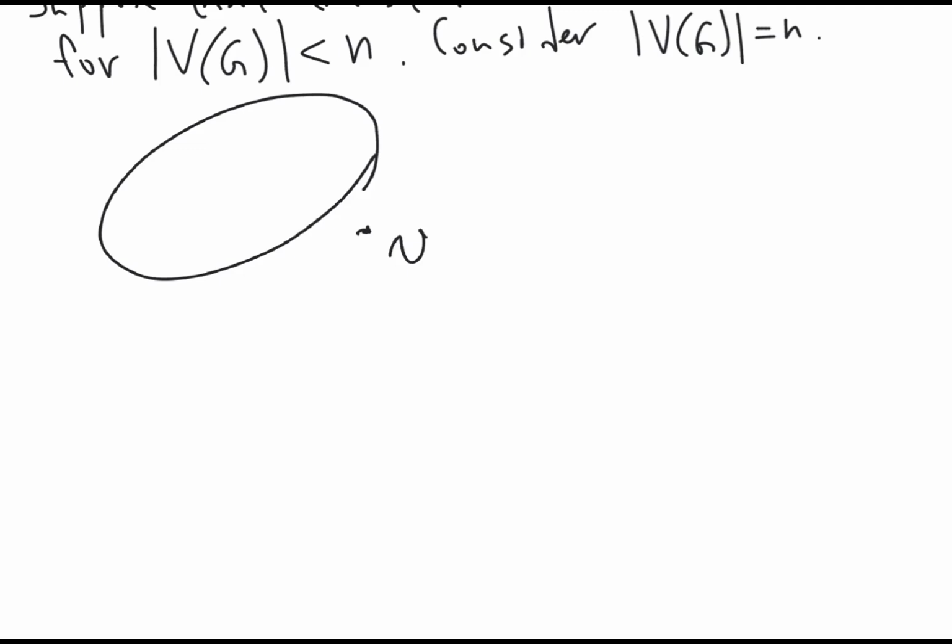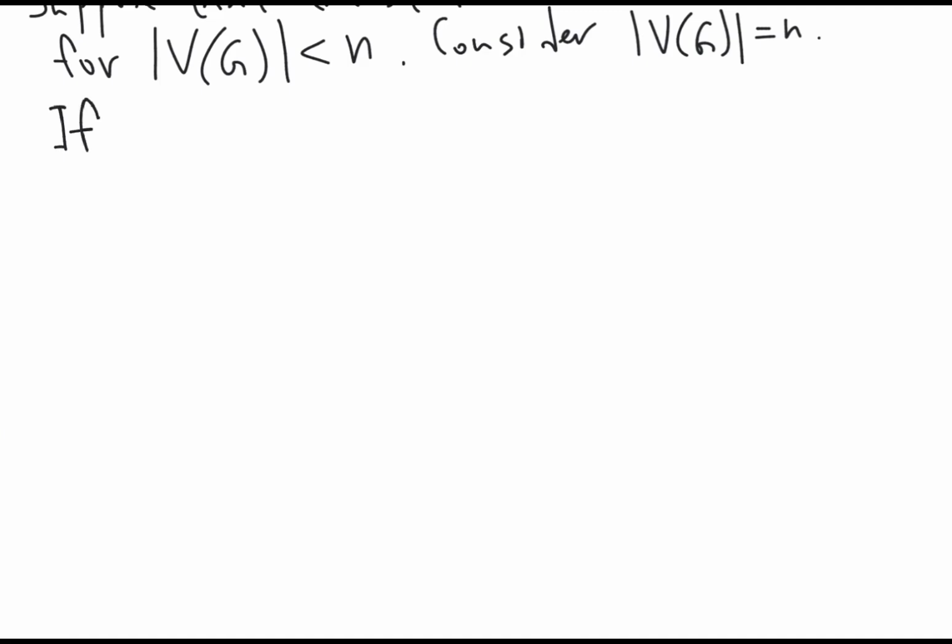So first, the case when there exists a vertex v with the degree strictly less than delta.